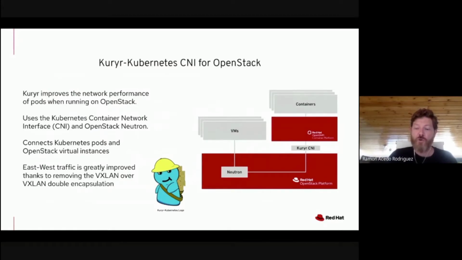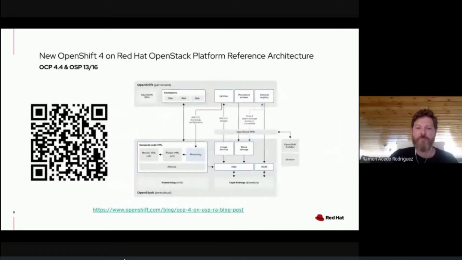And what Kuryr knows is how Neutron does that and how OpenShift or Kubernetes does that. And then it connects the two VXLAN tunnel endpoints to make one tunnel, instead of using the tunnel that you have in OpenStack and then fitting another VXLAN tunnel in it, with the double encapsulation that we have experienced to be, if not problematic, not very efficient.